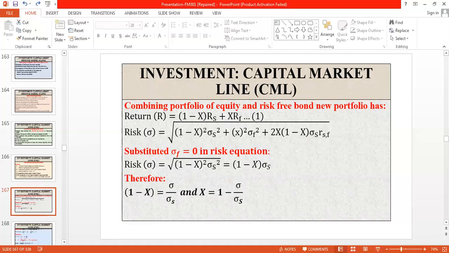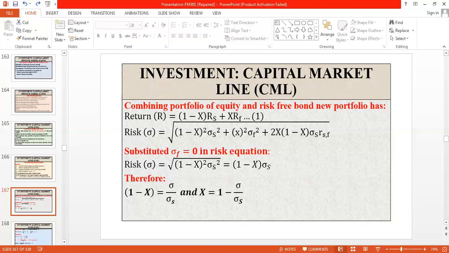We will simply apply the knowledge that we have gathered already for combining two shares in the Markowitz model. Here, instead of two shares, we will assume one portfolio of equity shares and second, a risk-free government bond.